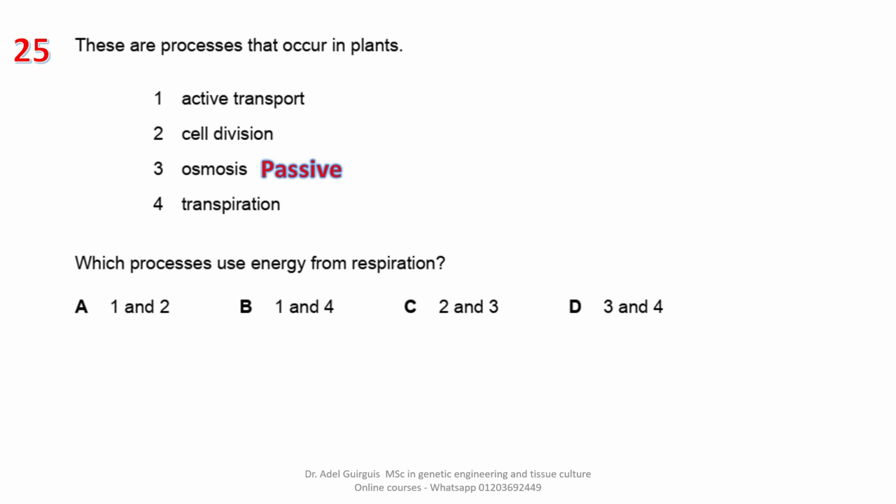What about osmosis? Osmosis is passive movement of water depending on gradient and water potential. Transpiration, release of water vapor from area of high to area of low to air, also passive. So which processes use energy from respiration? 1 and 2 only, the letter A.